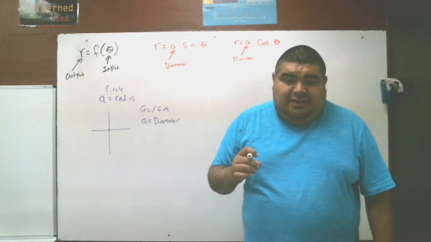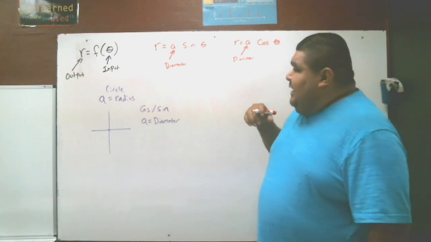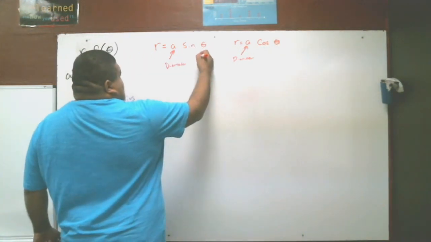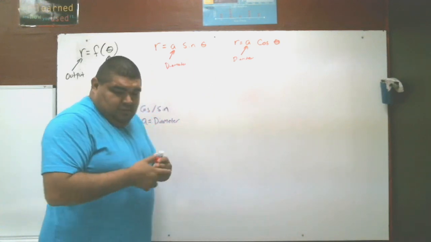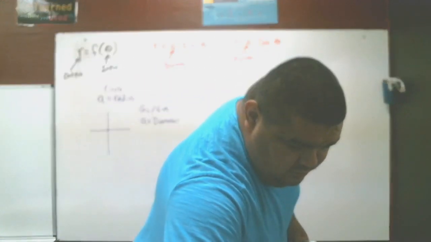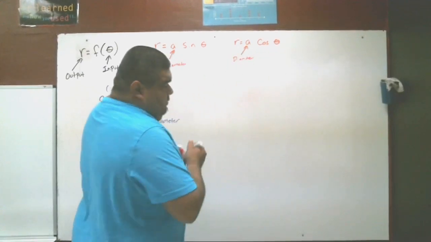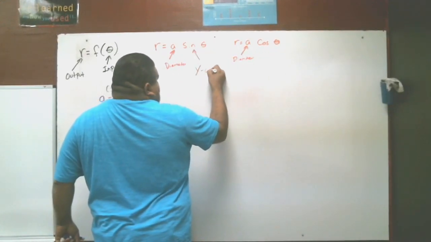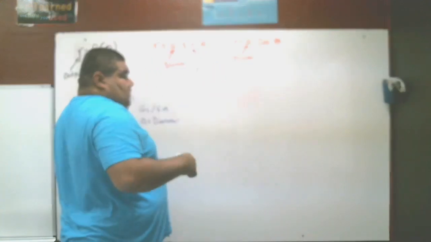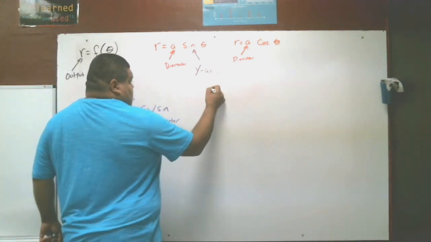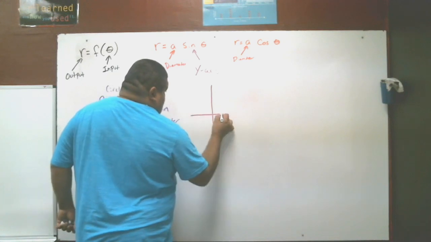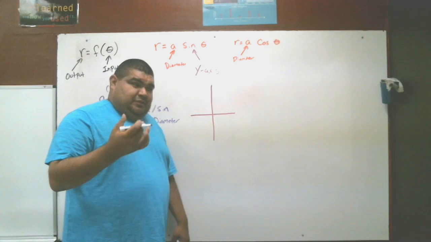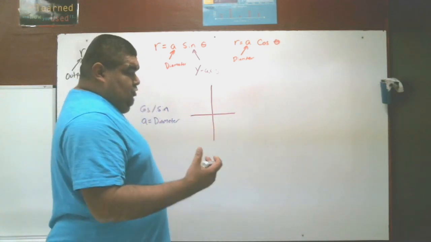Sine theta means that your circle is going to be on the y-axis. Let's use another color. Your circle, or petal, if we would have gotten a little more fancy, there would be petals, but since we're dealing with just the basics of it, it's just a circle.